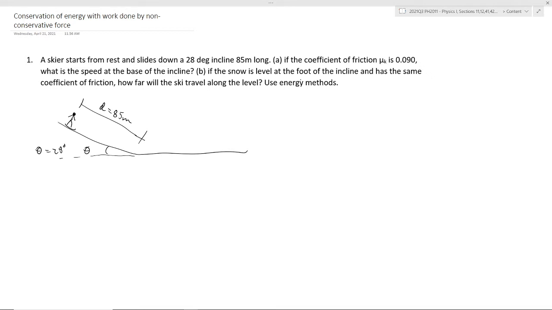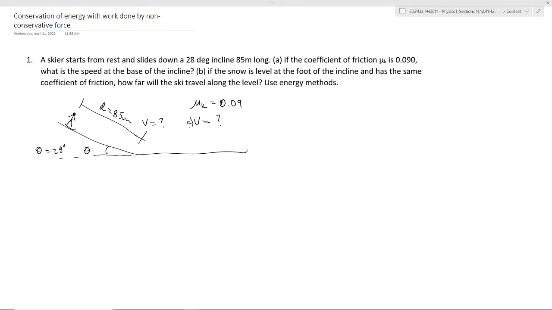It asks us, if the coefficient of friction, mu k, equals 0.09, what is the speed at the base of the incline? So v here equals what?